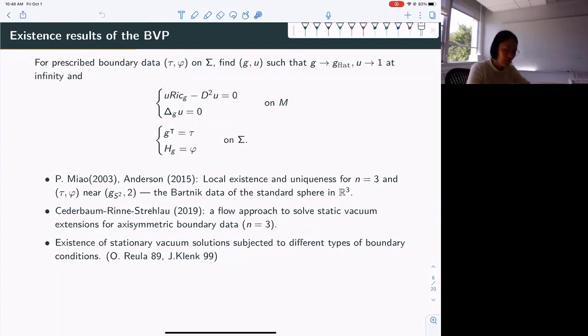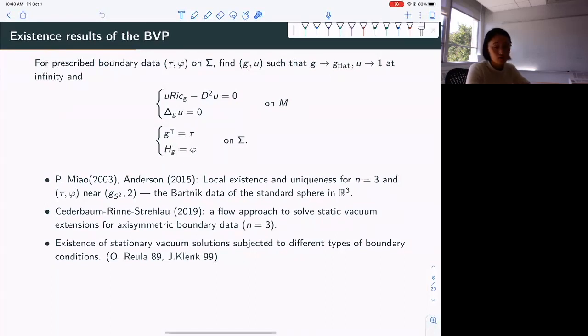And then we want to find this pair (g, u), g decays to the flat metric, u decays to the constant function 1, so that it is static vacuum and it satisfies the prescribed Bartnik boundary condition. Okay, so this is a very interesting and natural geometric boundary value problem.